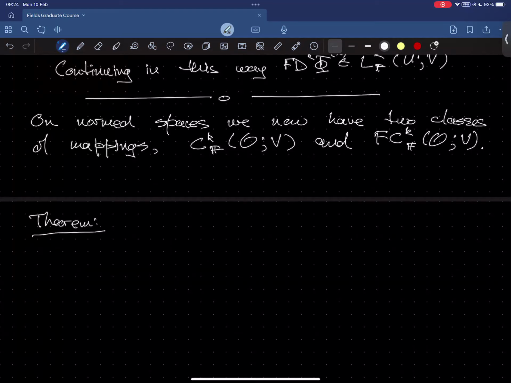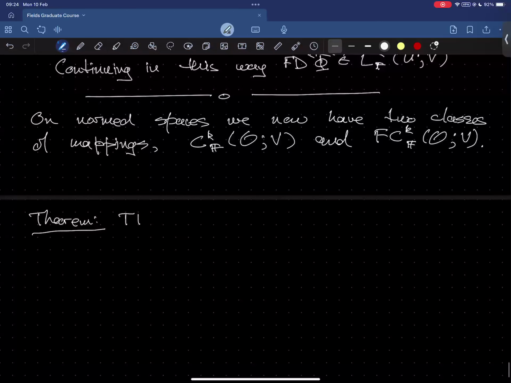Okay, so the theorem. I'm using the notation above with U and V and O. And with that notation, I have two equivalent statements. And so again, what you would like to be true is that these two classes of functions are the same, but they're not.